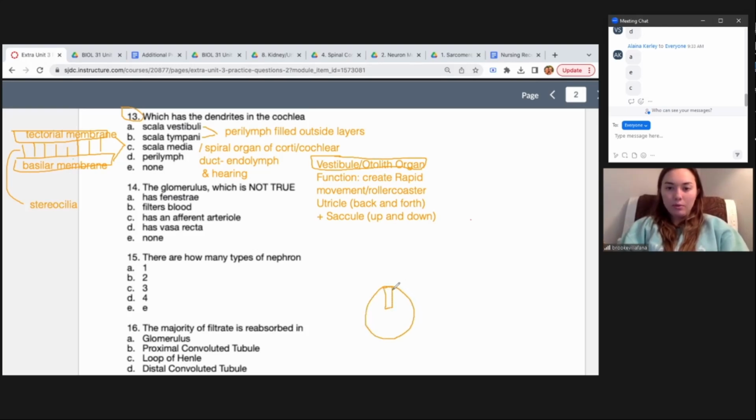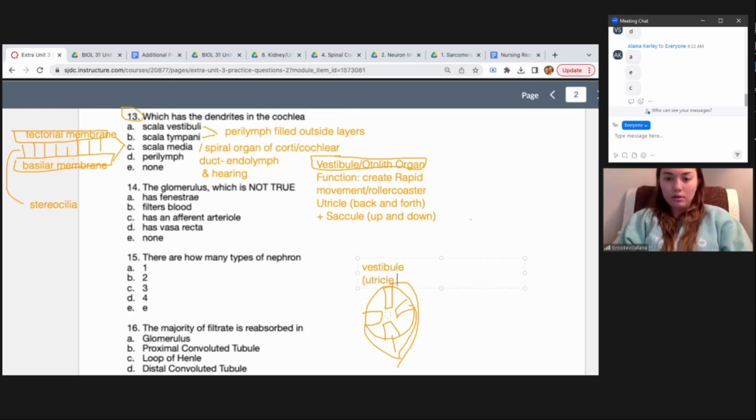This one with the kinocilium, the stereocilia, and the calcium carbonate crystals, right? This one, that is the utricle and the saccule for the vestibule. Okay, so this is the utricle and the saccule. That would be our kinocilium, is our dendrite.